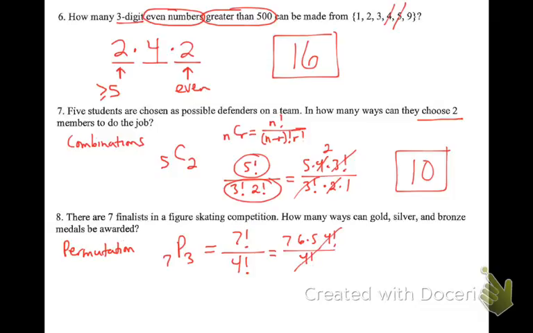So 7 times 6 times 5. Notice, for 7P3, as a shortcut, usually you can multiply only the first 3 of the factorial. 7 times 6 times 5. That will work as well. That's a shortcut for using the formula. 7 times 6 times 5 is 210. So that's how many ways gold, silver, and bronze can be awarded.